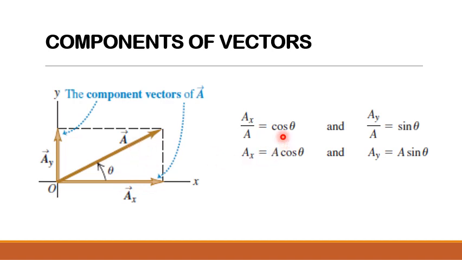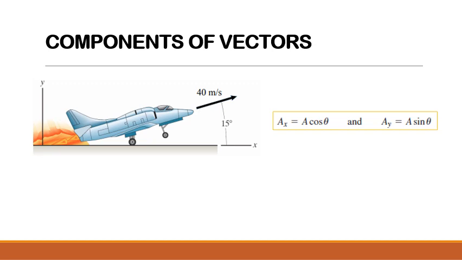So when you want to get only the x component of the vector, you just have to multiply A with the cosine theta. Same is true with the sine theta, the y component divided by the vector A. So the y component of the vector is equal to A, or the magnitude of the vector A, multiplied by sine theta. So let's have an example.